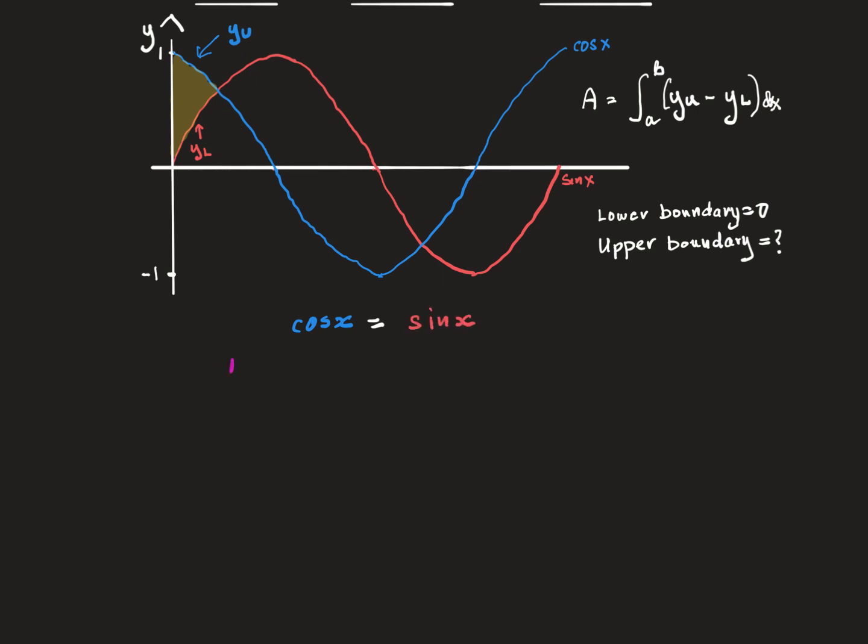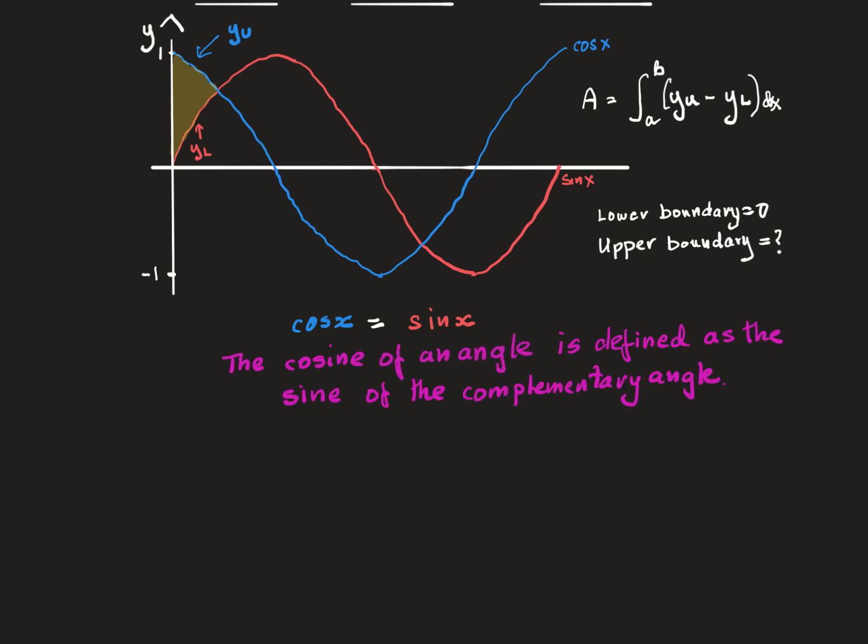Now I want to define to you complementary. The cosine of an angle is defined as the sine of the complementary angle. And complementary means that the sum of the angles must equal 90 degrees.